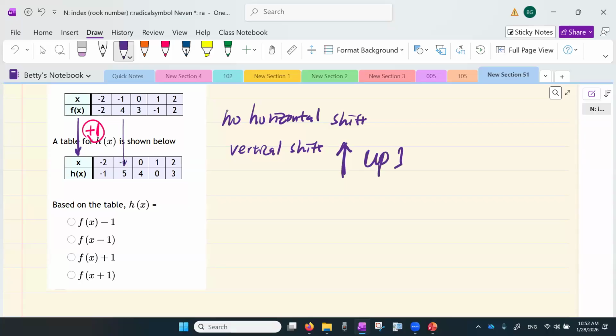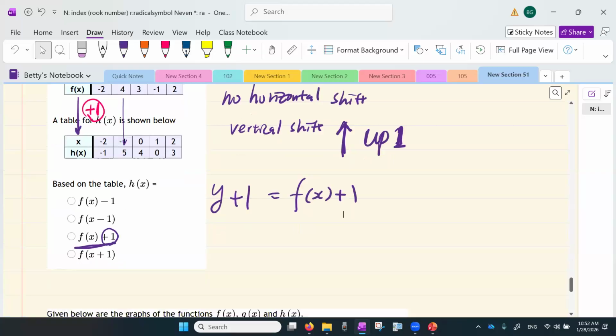Up 1 means you're going to add 1 to the entire function. Add 1 to y. What is y? y is f of x. Does that make any sense, everyone? Yeah, it does. Okay.